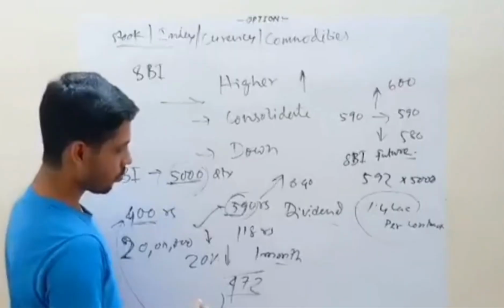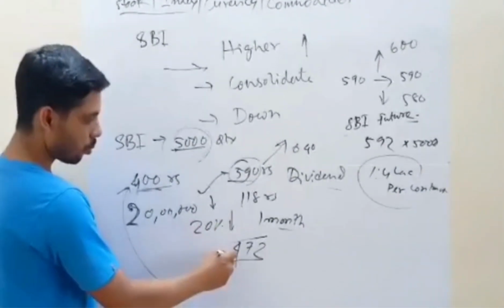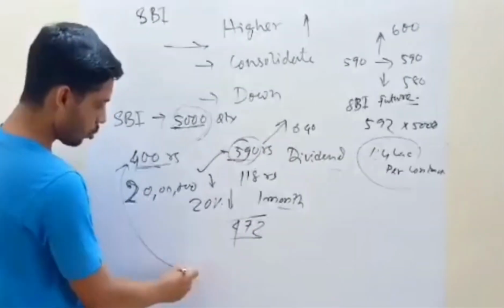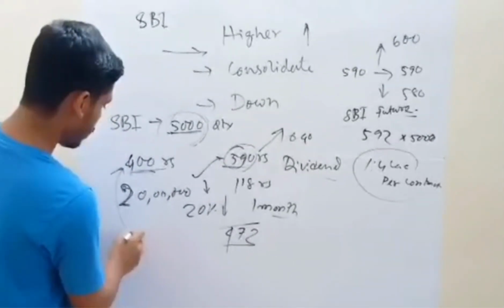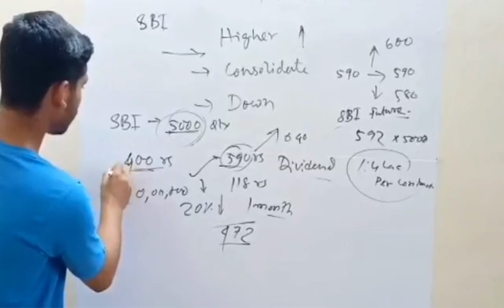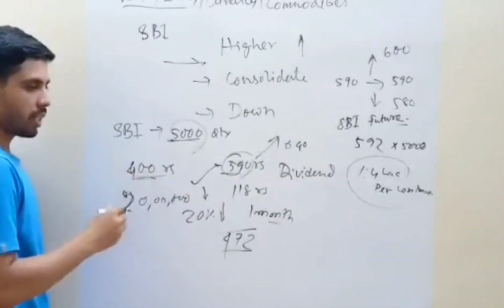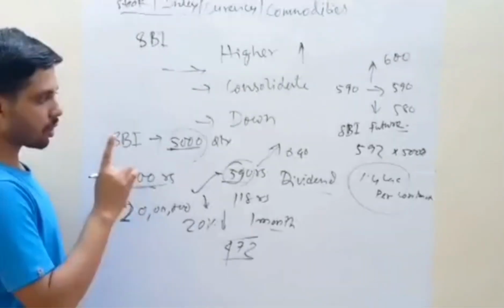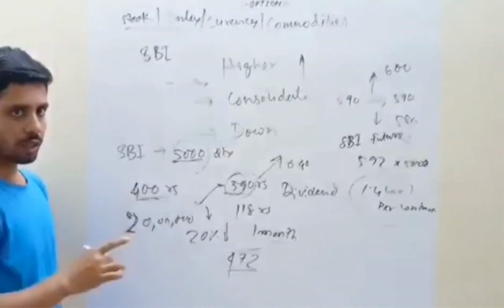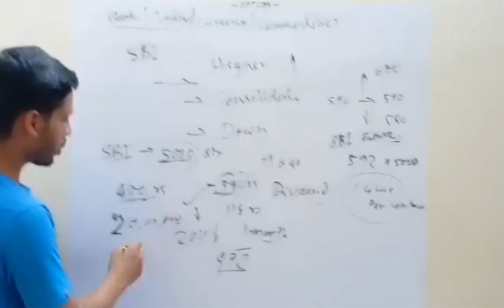So instead of selling a future contract, he will buy a put option. But whenever you go to an option contract, you have to make the contract based on a particular price that is defined by the governing body, that is NSE.